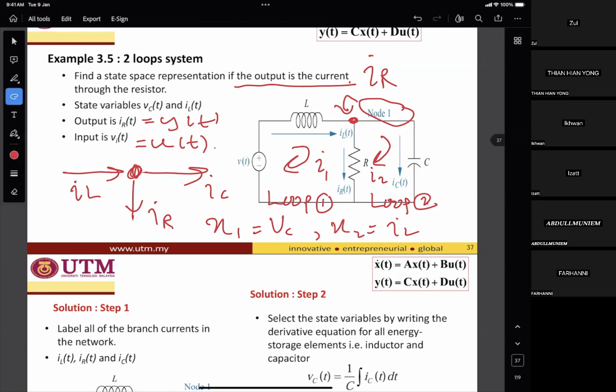Tian Hian Yong, same question. Doctor, can you repeat the question because my internet is lagging. If the state variables are x1 equal to VC, x2 equal to IL, what is the derivative state variables?